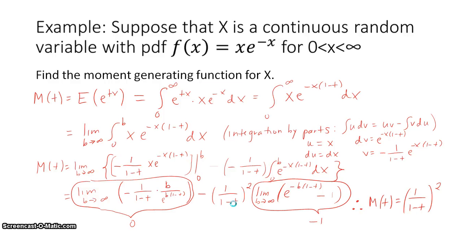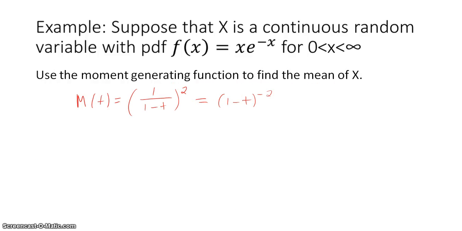Now we'll finish up the video by just using the moment generating function to find the mean. Rewriting the moment generating function a little bit more simply, instead of 1 over 1 minus t squared, we can write it as 1 minus t to the negative second power.